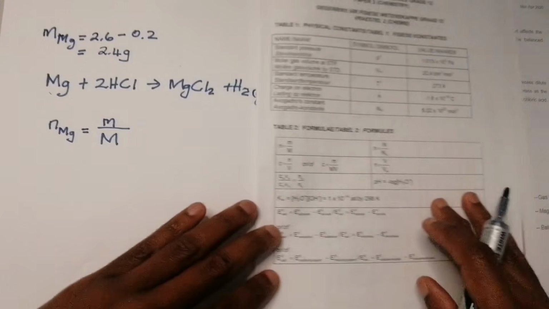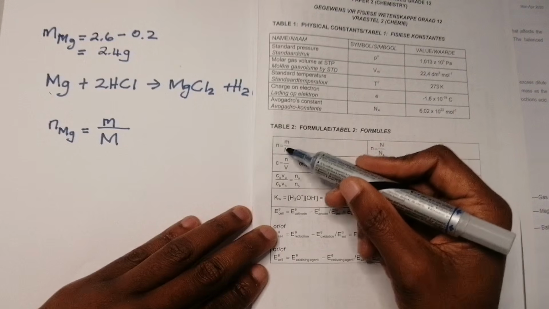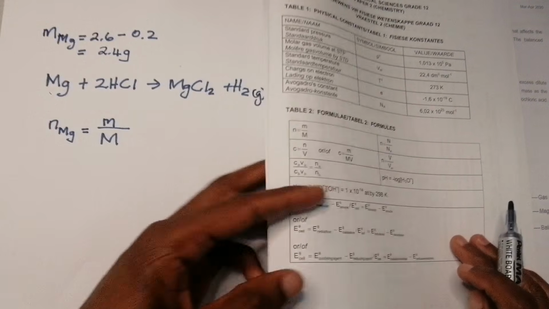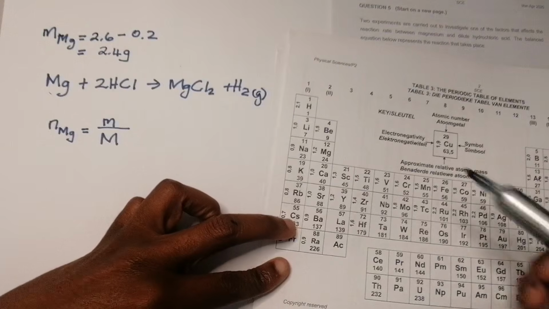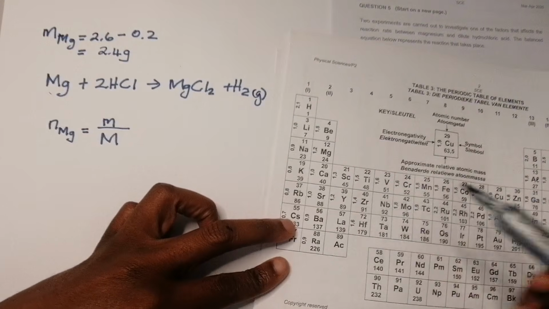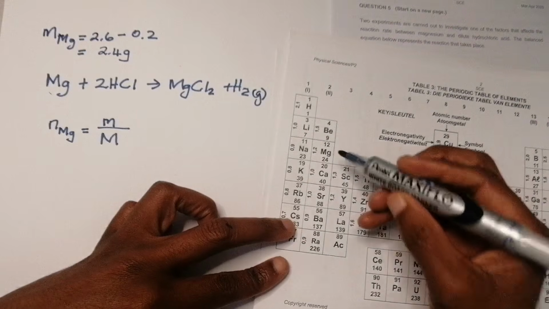So I'm using this particular formula. Number of moles is mass divided by molar mass, right? But what am I looking for? The number of moles of magnesium. So then I go to my periodic table and I say, okay, what is the relative atomic mass of magnesium?